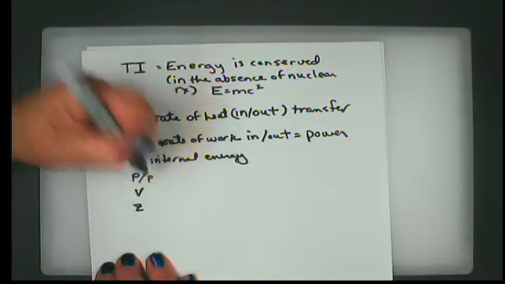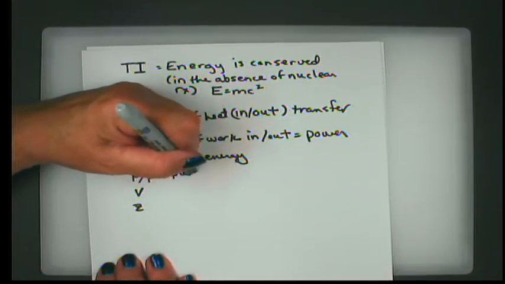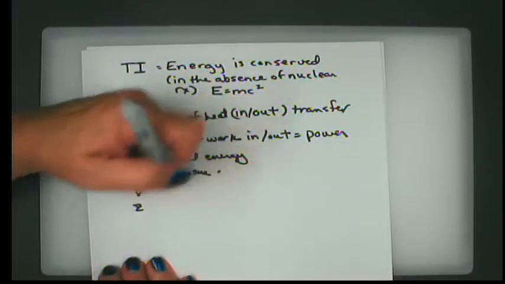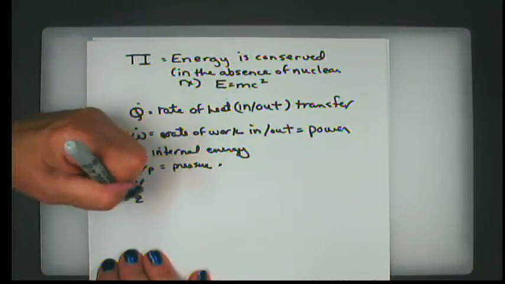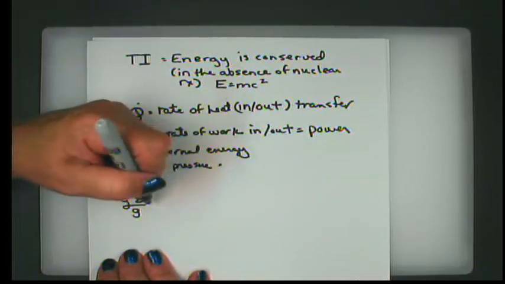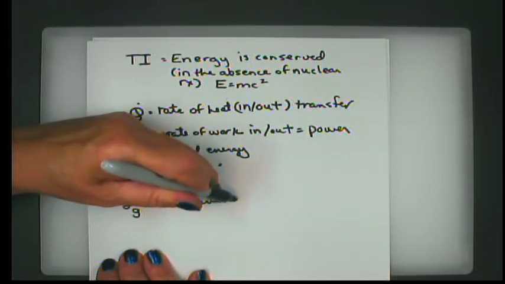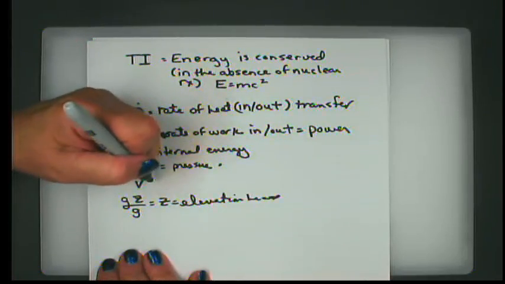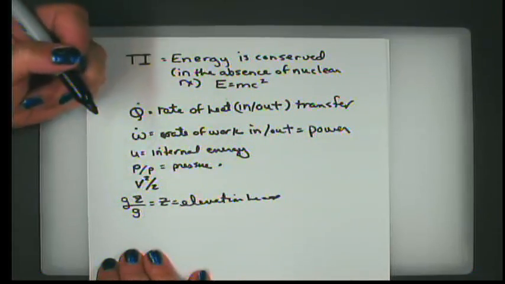So pressure over density is pressure energy, I guess I would say. I'd like to define this a little bit differently. If we take g times z and we divide that by g, that will give us z, and that will give us elevation head. So to keep these terms analogous, we have a kinetic energy term of V squared over 2.